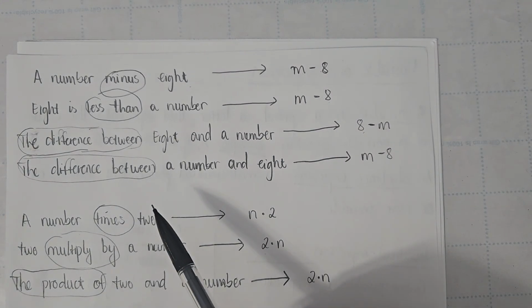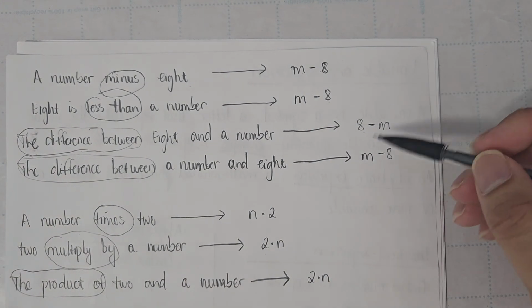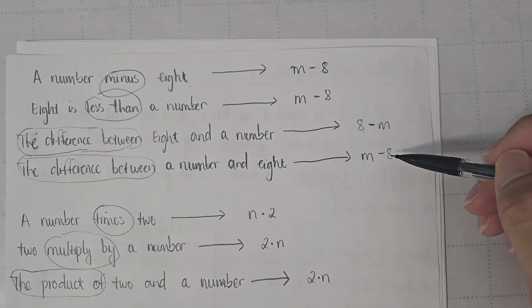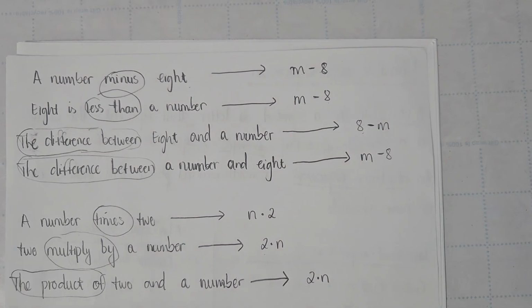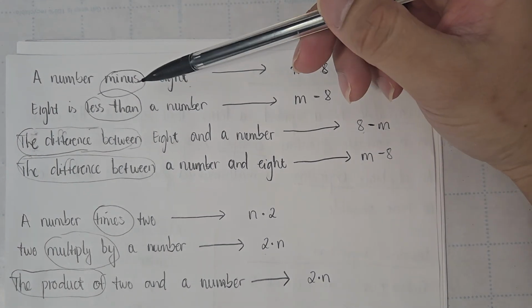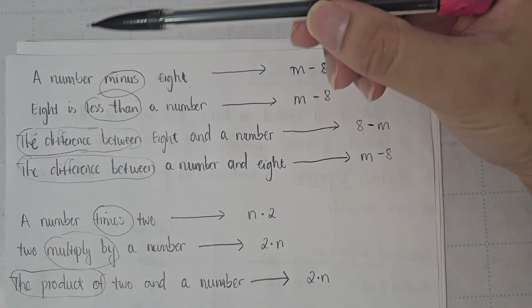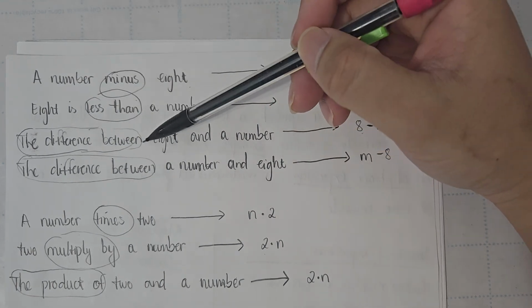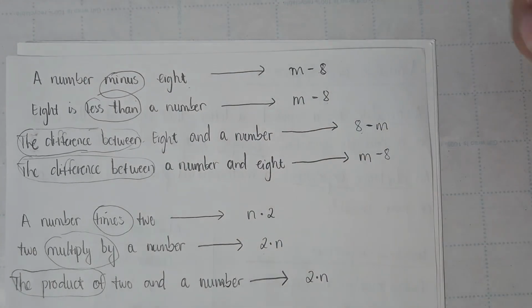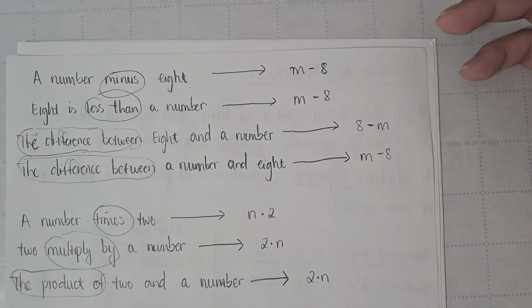The difference between a number m and 8 is m minus 8. So we have the language here: minus, less than, the difference between. It just means that it's a subtraction.